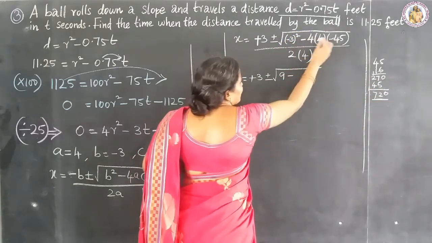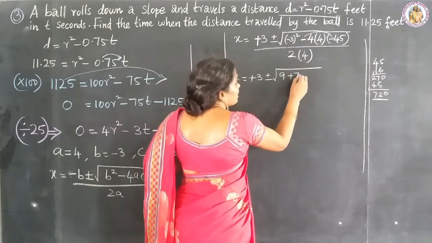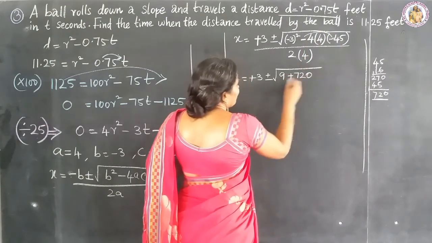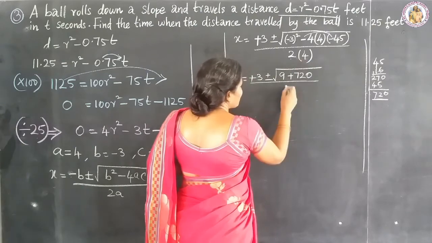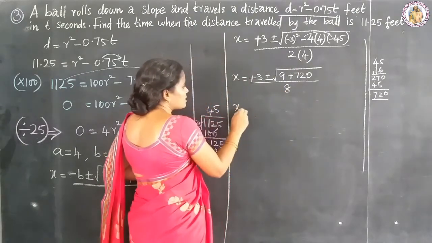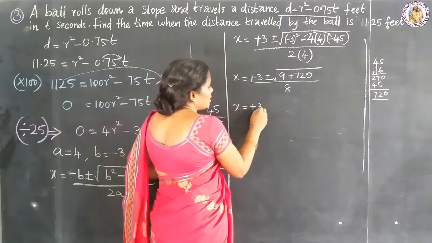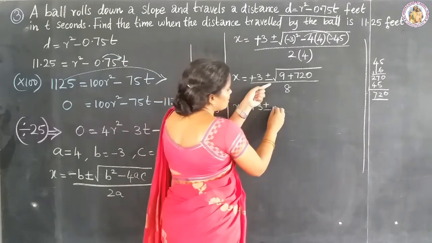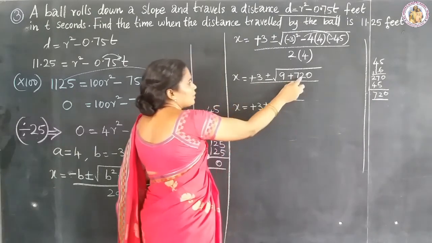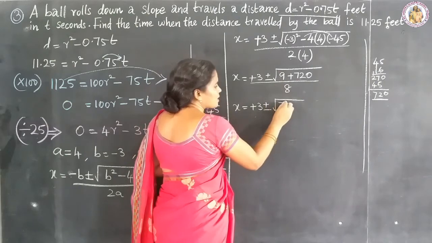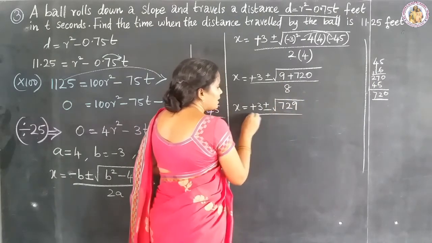So minus into minus is plus 720, divided by 4 twos are 8. So x is equal to plus 3 plus or minus square root of 720 plus 9 is 729, divided by 8.